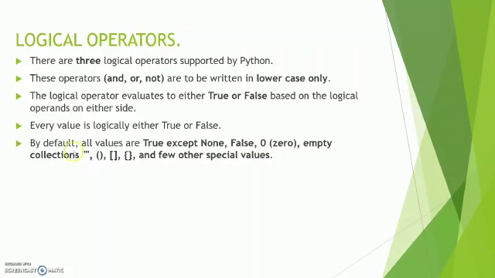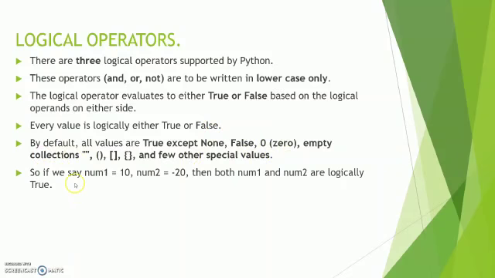That means normally whenever we have a calculation, all the values are true, but in cases where it is None, False, 0, or an empty collection, the value can be false. For example, if we say number 1 is equal to 10, number 2 is equal to minus 20, then both number 1 and number 2 are logically true.